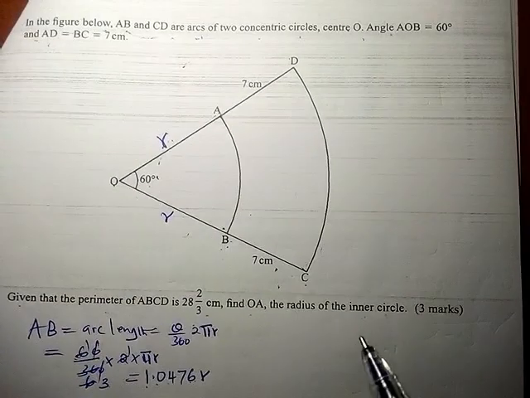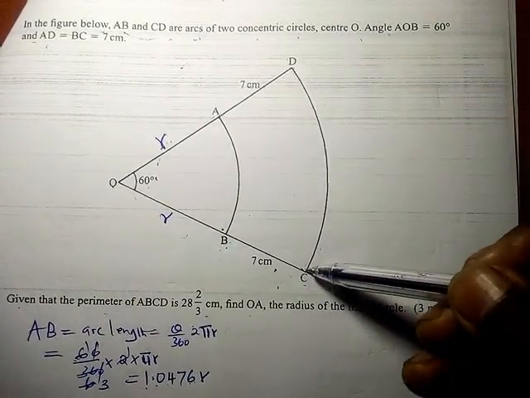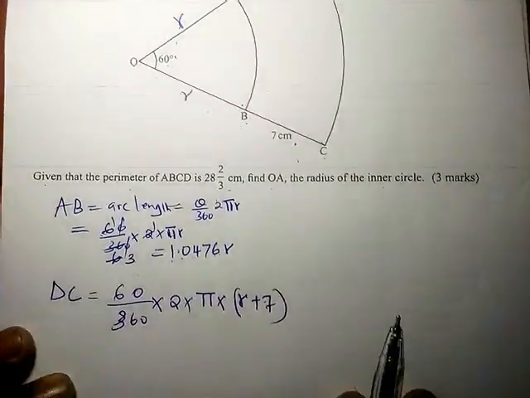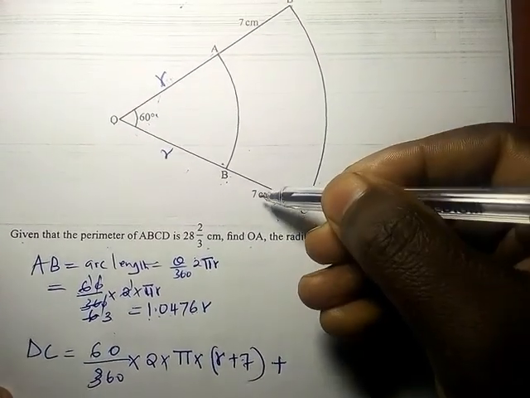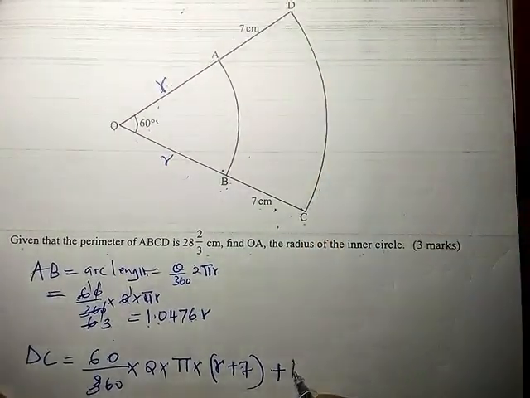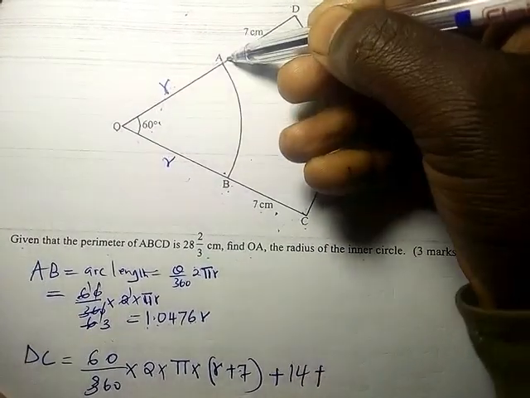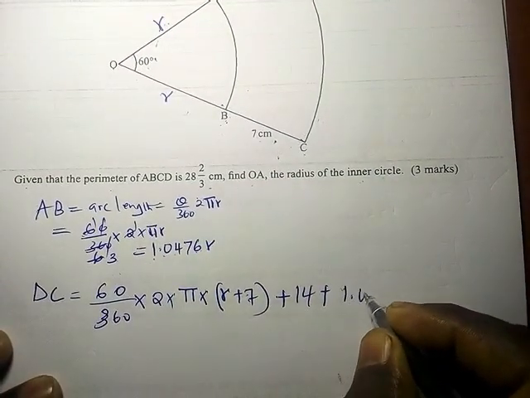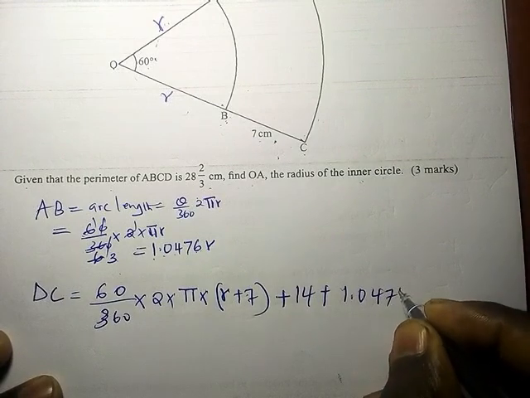But to get the perimeter, you add DC, you add 7, you add AB, and then you add this. So DC, plus 7 and 7 is 14, plus AB, which we found to be 1.0476r.